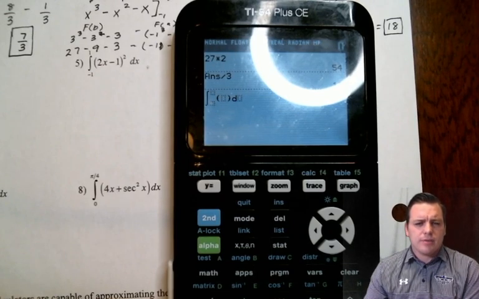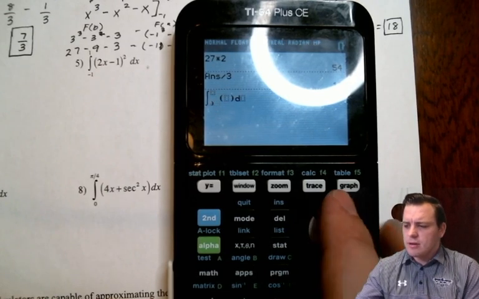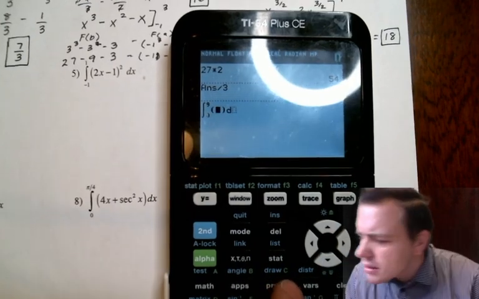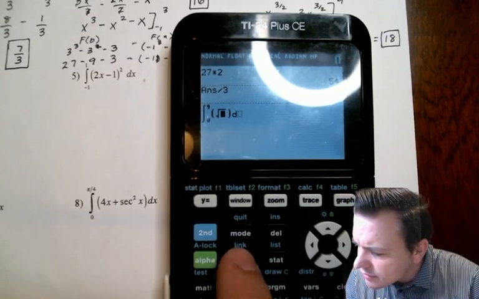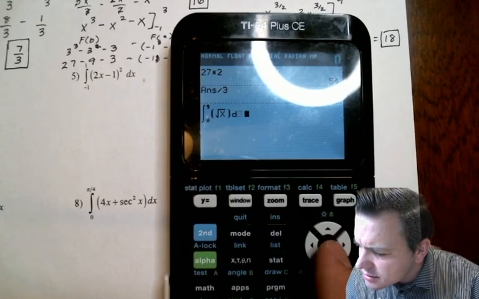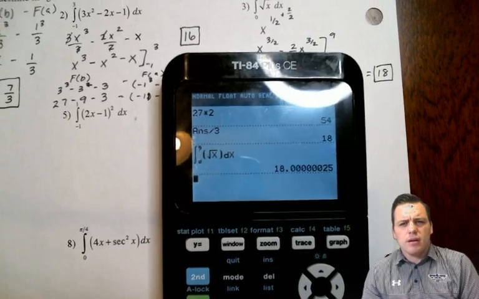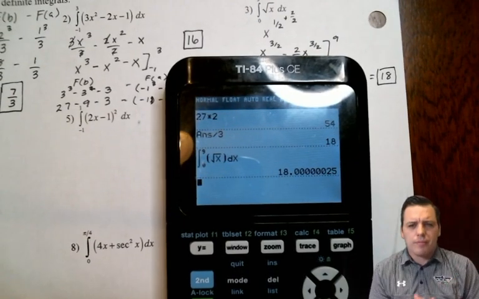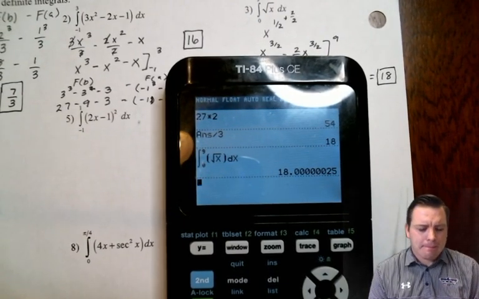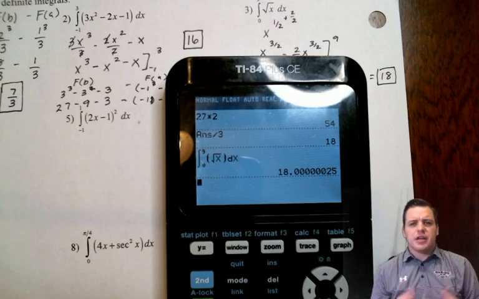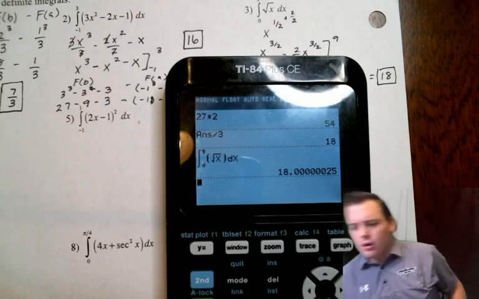And then that sets up your interval, and then we just type in 0 and 9, and then we just say the square root of x dx. And that will give us our 18 as well. Okay, so a couple of different ways to easily check these in the calculator.